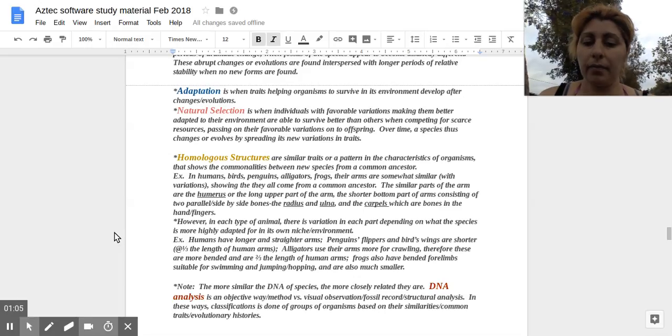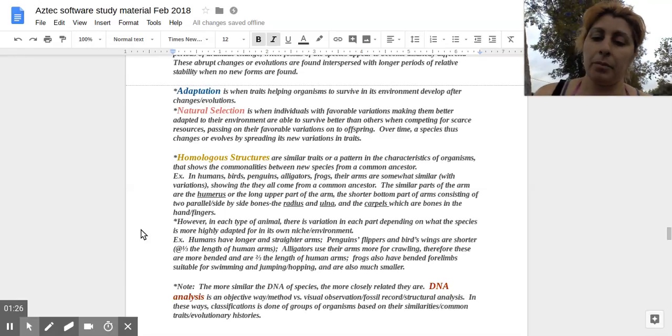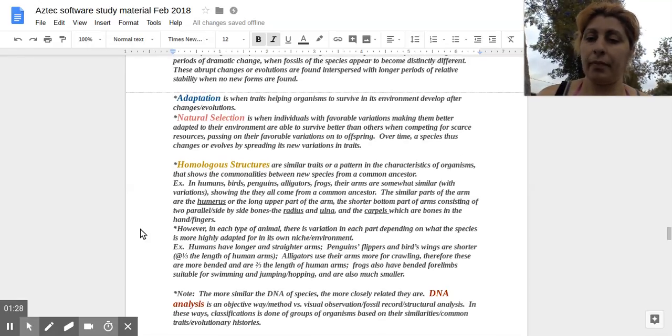Also used are the fossil record, structural analysis, or visual observation. These ways are used to classify groups of organisms based on the commonalities of their traits. Homologous structures are structures that are similar across different species.